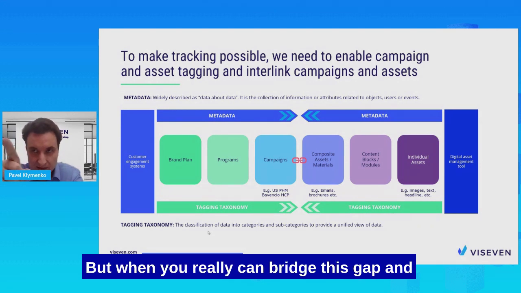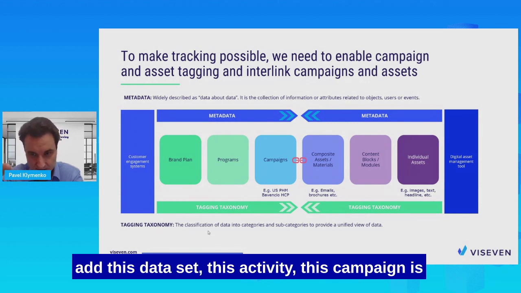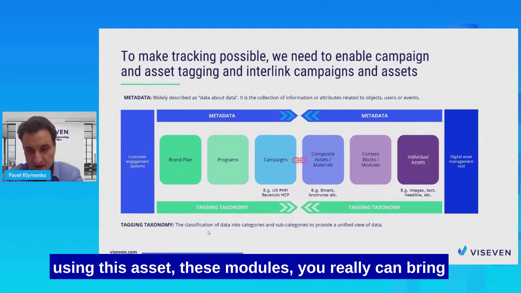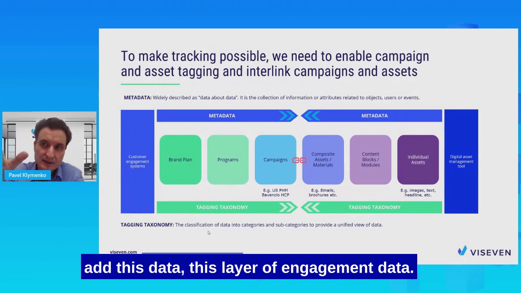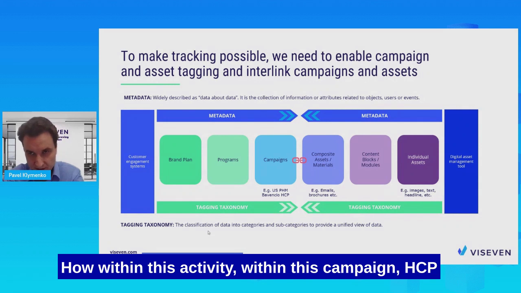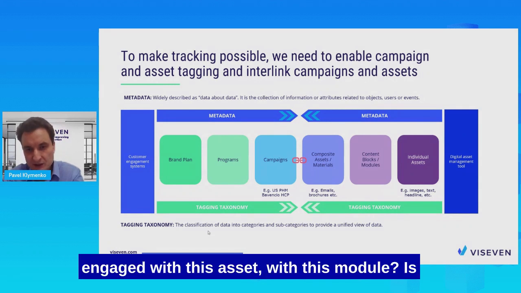But when you can bridge this gap and add the data that this activity, this campaign is using this asset, these modules, you can bring this to the asset content tagging. You can add this layer of engagement data: how within this activity, within this campaign, the HCP engaged with this asset, with this module.